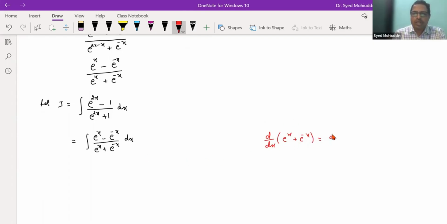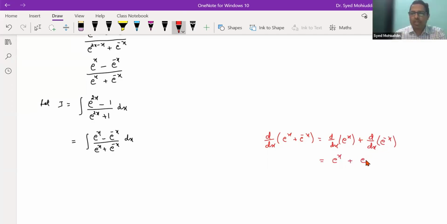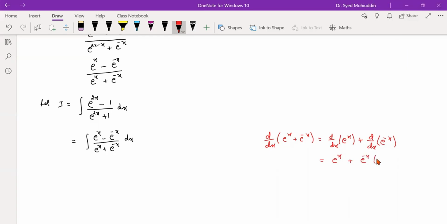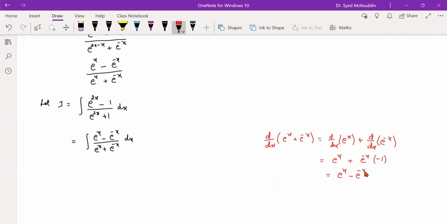First, d by dx of e power of x is e power of x. Then d by dx of e power of minus x is e power of minus x times the derivative of minus x, which is minus 1. Therefore, we get e power of x minus e power of minus x, the numerator. So just by dividing by e power of x, we have brought it into this form.